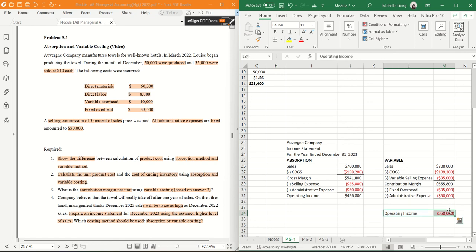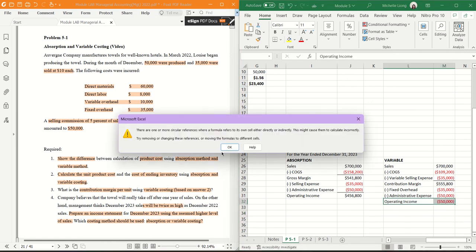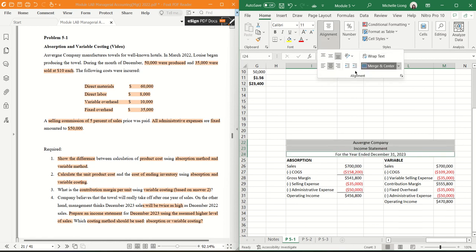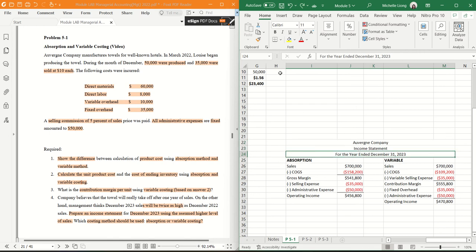Okay, so your operating income is, and right here we can see the income that is generated by the variable is much more. And that is how we conclude which costing that we should use for this method.